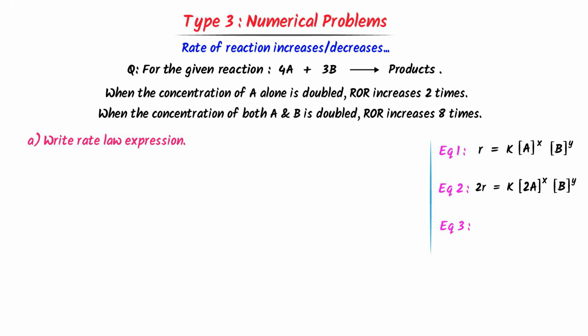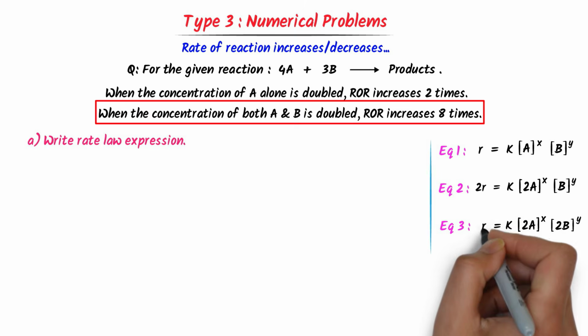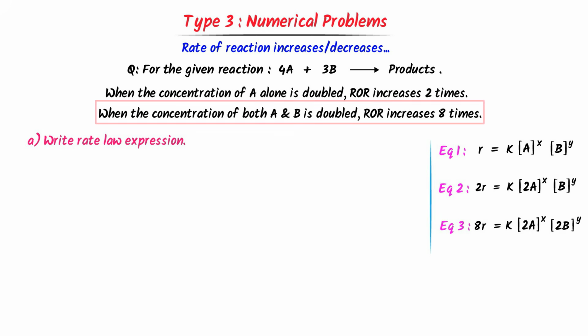Thirdly, according to the given statement, when concentration of both A and B is doubled, rate of a reaction increases 8 times. I write K is equal to 2 times concentration of A, X, and to 2 times concentration of B raised to the power Y is equal to 8R.